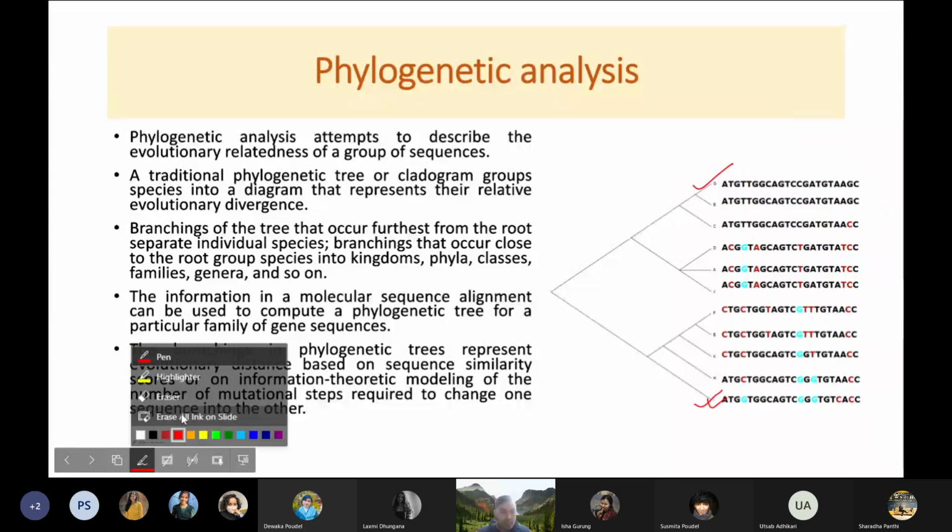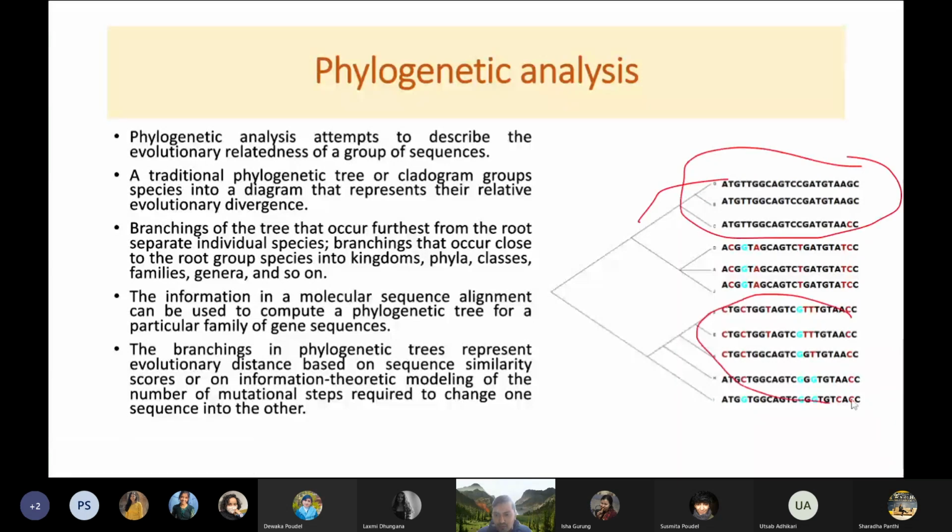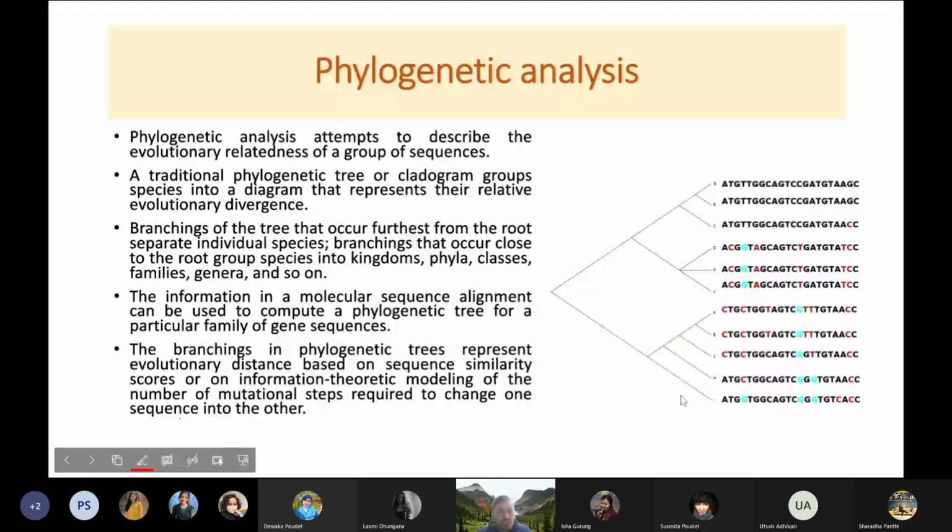Since there is lots of sequence variation between these, what we can conclude is that they were the ones to have a speciation event in the beginning. So we can deduce this phylogeny on the basis of sequences.